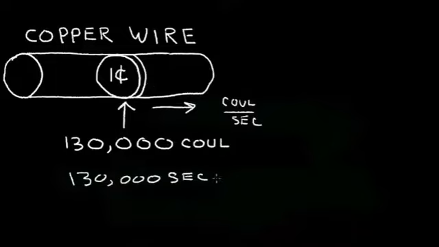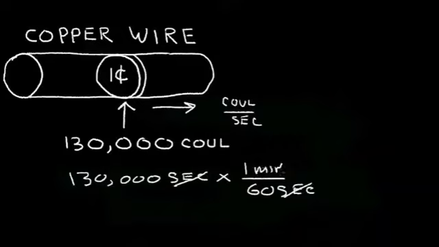Now let's convert that to minutes. We know that 1 minute is equal to 60 seconds. And so our seconds will cancel out and we'll be left with minutes. But let's convert that to hours.